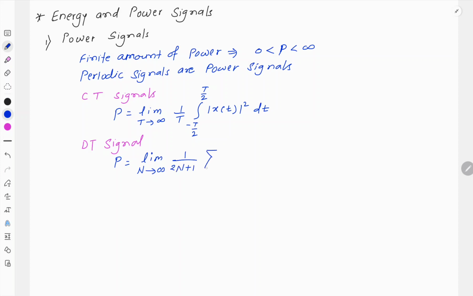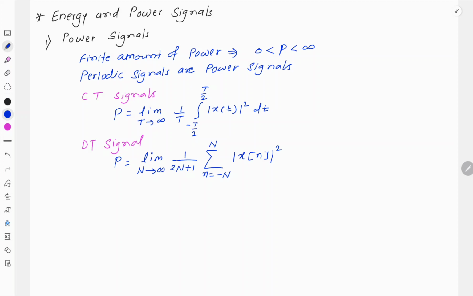Now this integration changes to summation, n equal to minus N to plus N, mod of x of n square. Again in this equation also we have this mod for a complex valued signal. For real valued, we can remove this mod and simply take x square of n.